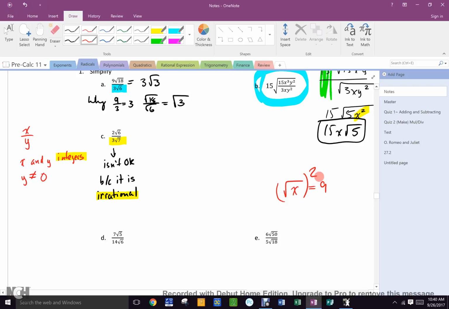Squaring is really multiplying it by itself. So what I'm really doing is root x times root x, aren't I? And root x times root x gives me x, doesn't it? So logically speaking, what would I have to do to get rid of that root 7? Times it by root 7.